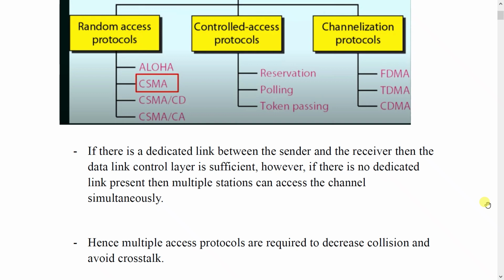There is no need for other things. However, if there is no dedicated link between the transmitter and receiver, then multiple stations, multiple devices can access the channel simultaneously at the same time.